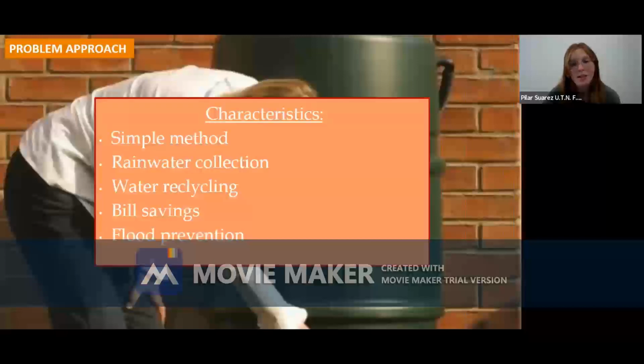It consists of a tank with a tap, and it is great to wash the car, clean the sidewalks, and water the garden.